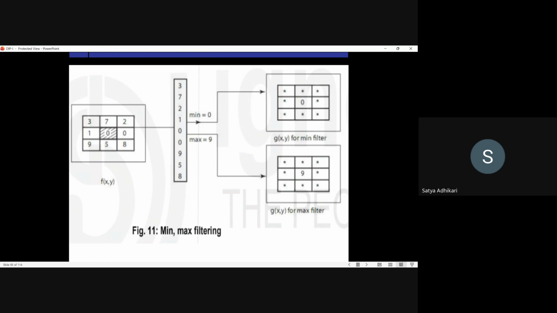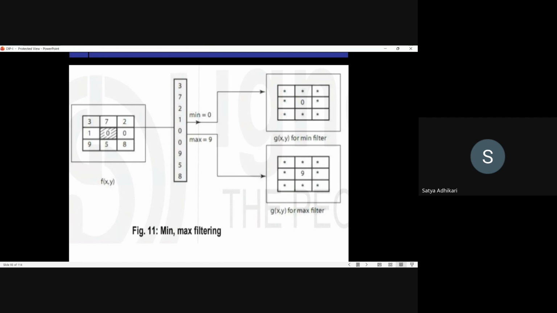On the other hand, in the max filter, the 0 is replaced by 9. The 9 is the largest value, and the pixel having gray level value 9 is brighter than 0. So 0 is replaced by 9, the max value. This is pepper noise removal, and the first one is called salt noise removal, which removes the white spots.